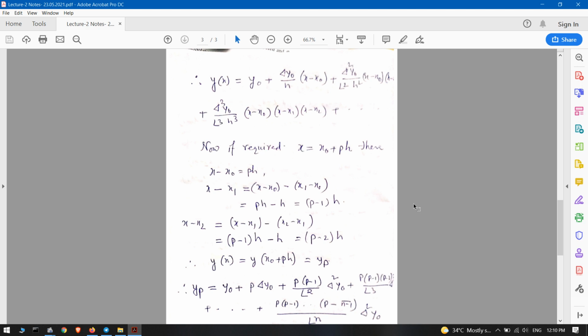Now from this table we are going to write an approximate polynomial expression for this data set, and we have written that in terms of the variable x, the set of x values, and some constants, that is a0, a1, a2 up to an.